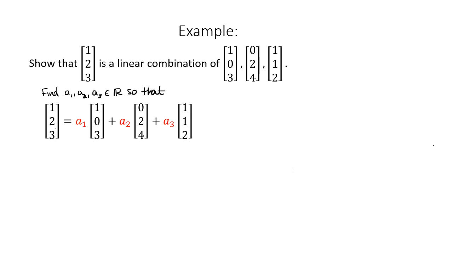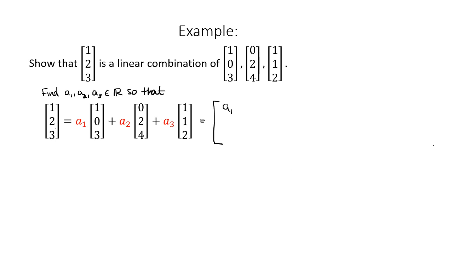All right, so I'm going to show you sort of a longer version, and then we'll see pretty quickly that we can shorten this. Okay, so I'm going to multiply these scalars into the vectors.